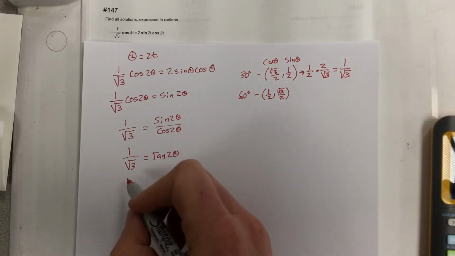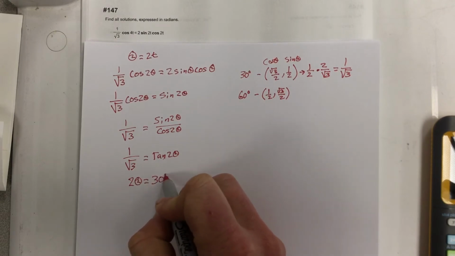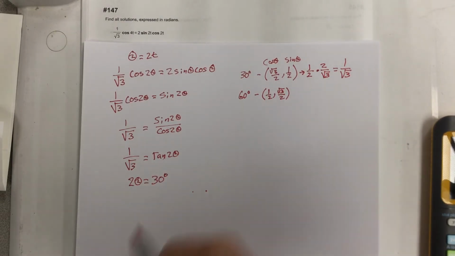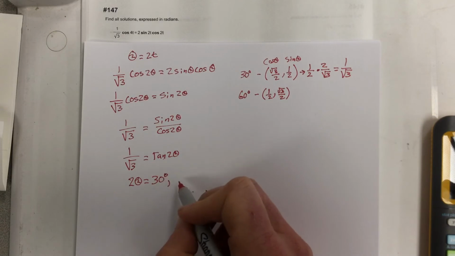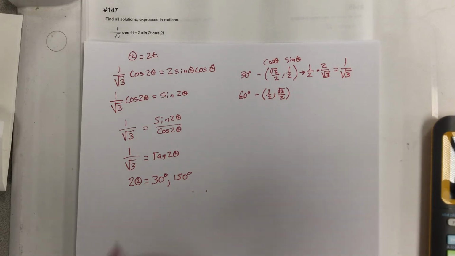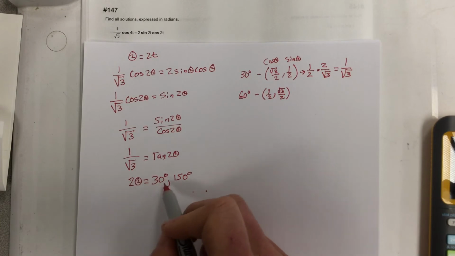So we're going to say that 2 theta equals 30 degrees. But they want this in radians. Well, it'd be 30 degrees, and then what's the other one? That's quadrant 1. We need one that was in quadrant 3. So that'd be 150 degrees there. And if 2 theta equals 30 degrees and 150, what are these in radians?